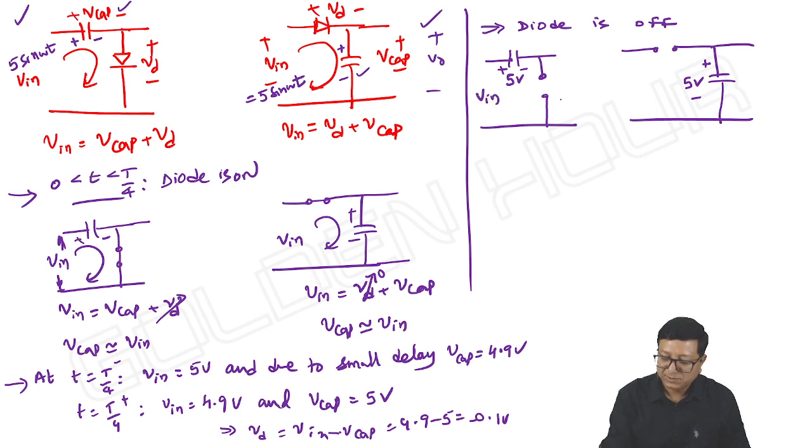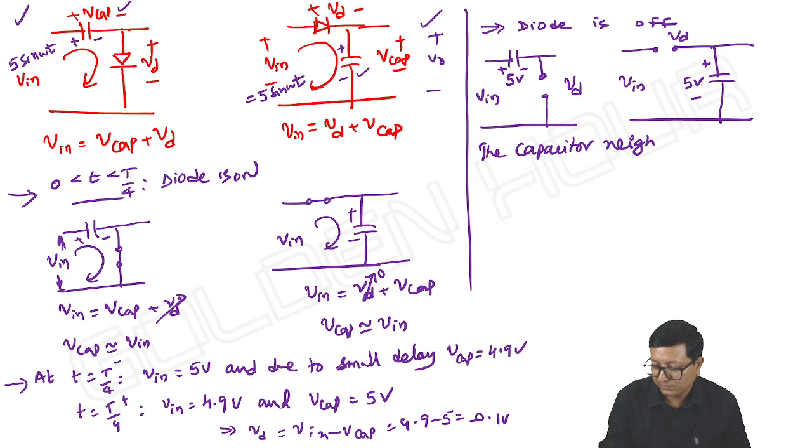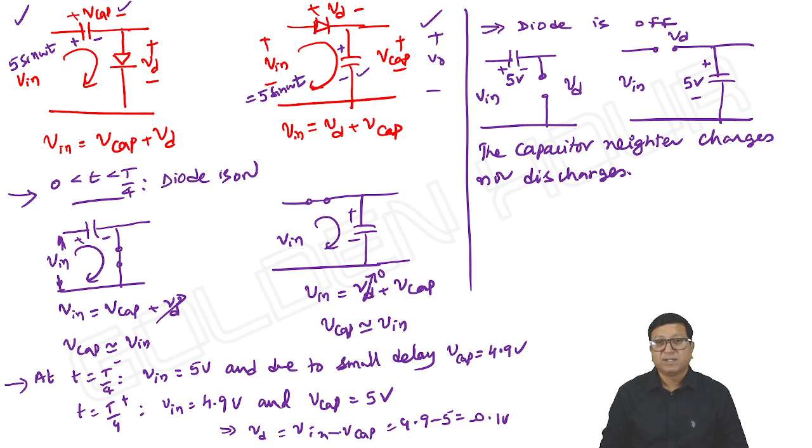Here input and Vd, I am writing input Vd. Is there any path for the capacitor to charge or discharge further? No, the capacitor can neither charge nor discharge. It simply acts like a DC source or battery. Both the cases I am speaking.